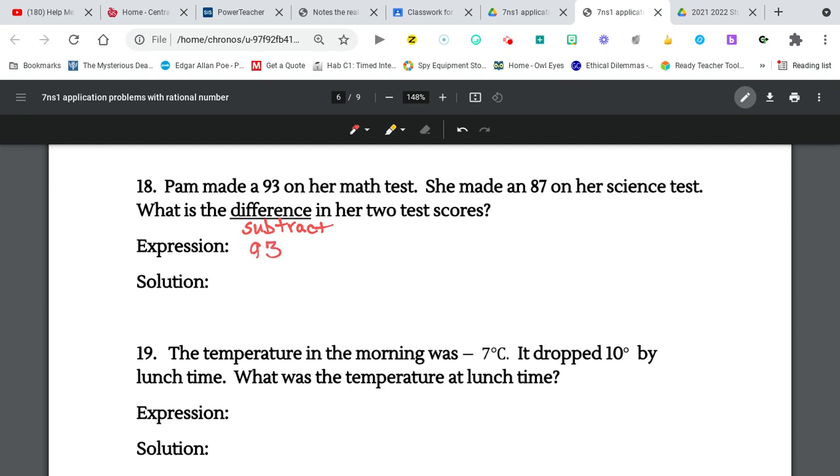It has nothing to do with order. So 93 minus 87. There's no "or." Difference, you have to have a subtraction sign, guys. I was about to mess that one up for you. All right, 93 minus 87 is 6. There is a 6-point difference between those two test scores.